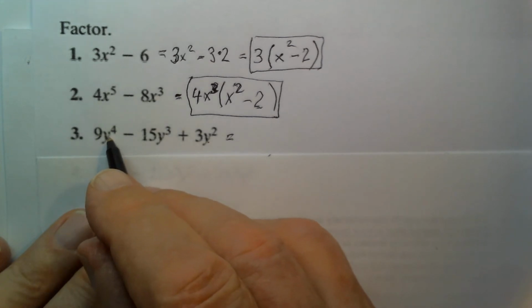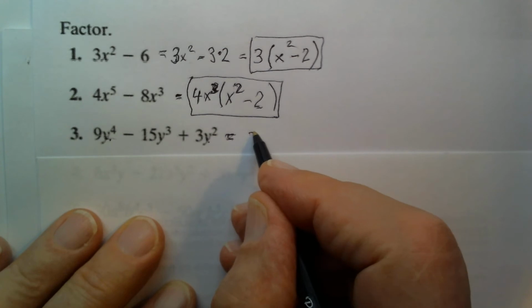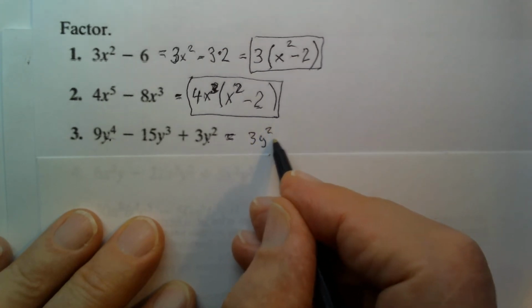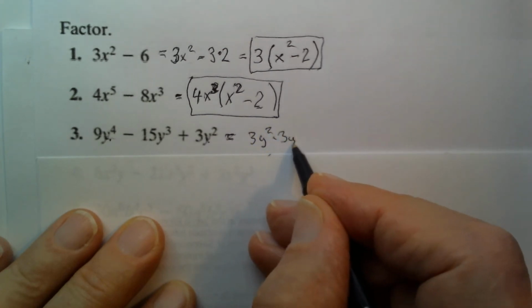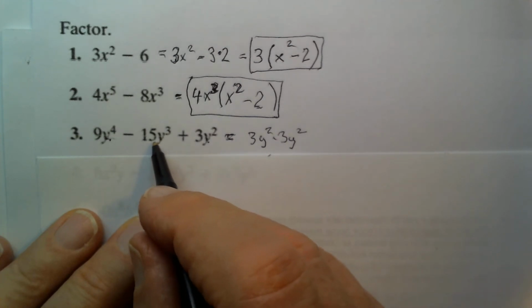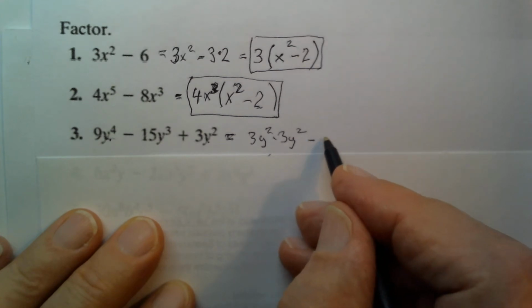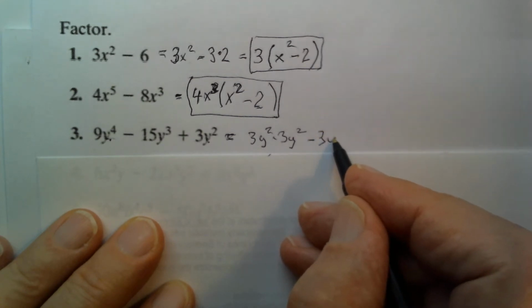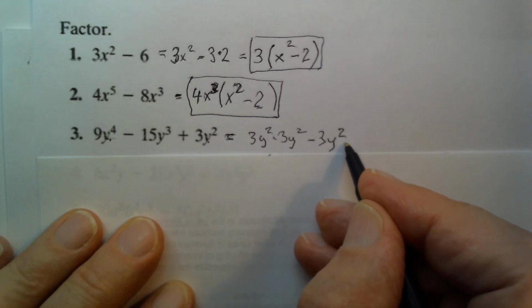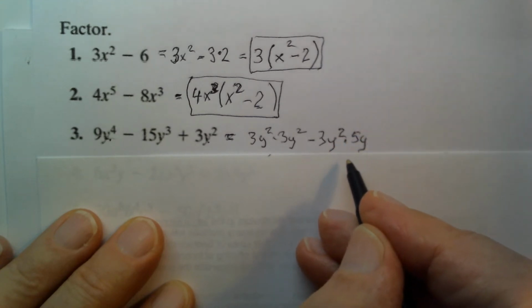What does that mean for the first term? Well, that means we can write the first term as 3y squared times 3y squared. And then the minus 15y to the third becomes a 3y squared times 5y.